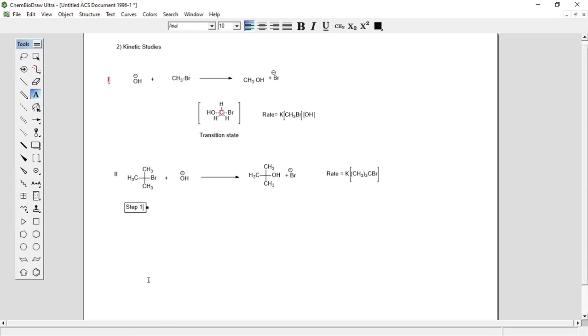Step 1: the ionization, or the breaking of the C-Br bond, takes place. The first step is a slow step. Transition state first.